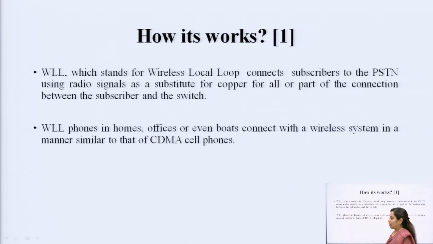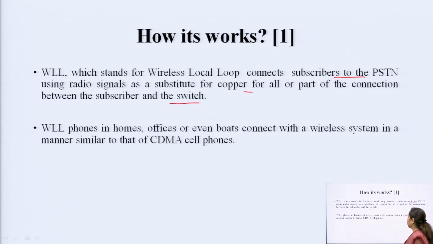Next is how it works. WLL, which stands for wireless local loop, connects the subscriber to the PSTN, that is the public switched telephone network, using radio signals as a substitute for copper for all or part of the connection between the subscriber and the switch.